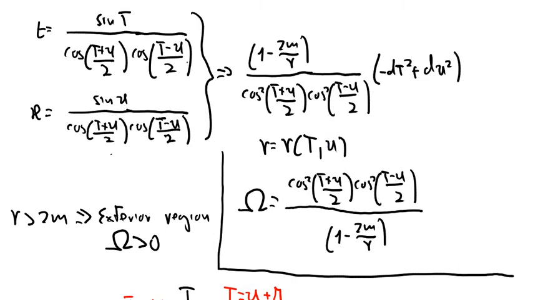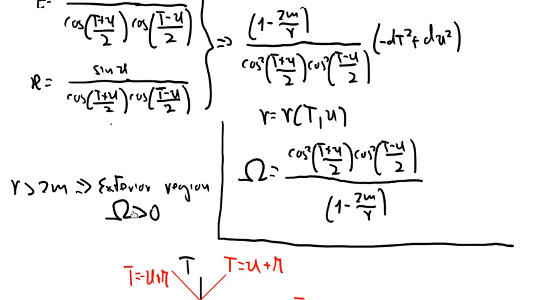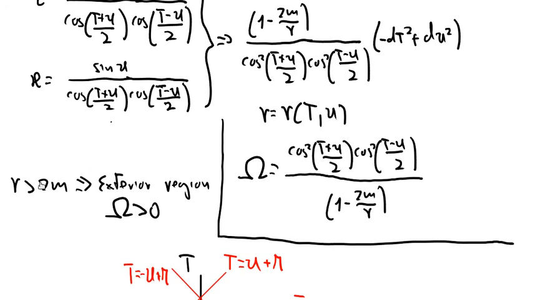But here, since by assumption small r is greater than 2m, when we rewrite small r in terms of the new coordinates, we will never get a value of big T and u such that small r is 0.